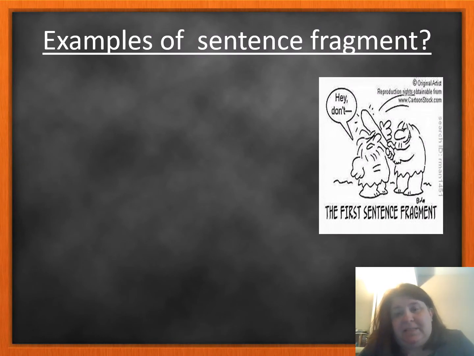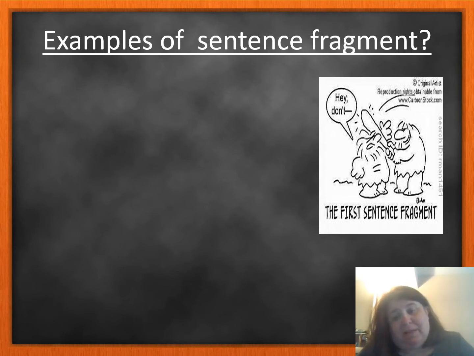Let's look at a couple of examples of sentence fragments. The very first sentence fragment ever is up at the top of our page in this little comic. It said, "Hey, don't." Even though we know what he's saying, he should have said, "Hey, don't club me in the head."